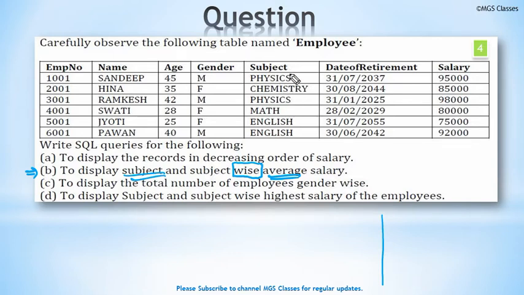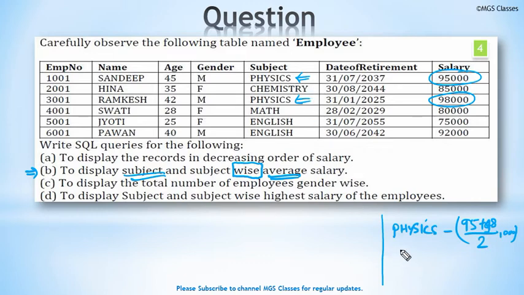For physics, the average salary of these employees will be 95,000 plus 98,000 divided by 2. You need to add these salaries and get the average. The average should be the output.